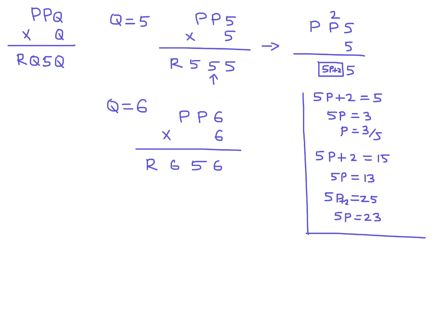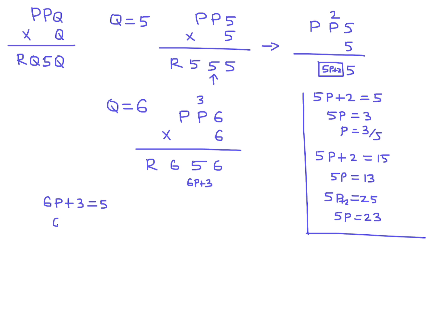Okay, so 6 times 6 is 36, so that basically means that the 6 goes here and you carry the 3. 6 times P is 6P plus 3, so 6P plus 3 is basically going to give me this 5. Okay, so 6P plus 3 has to be 5 or something that ends in 5, right?